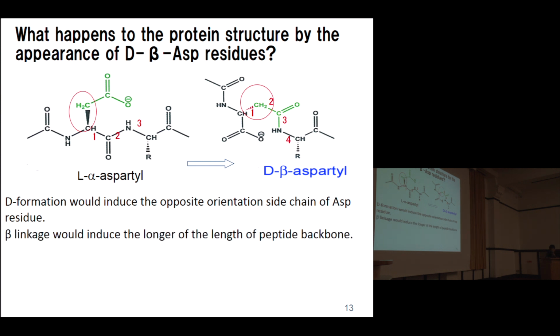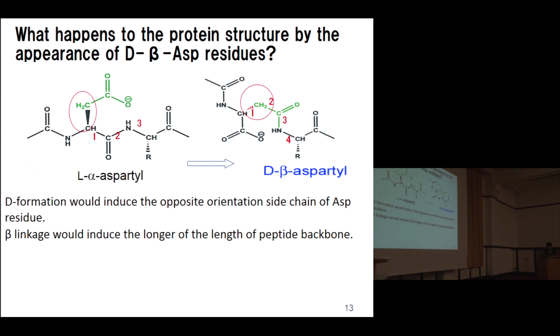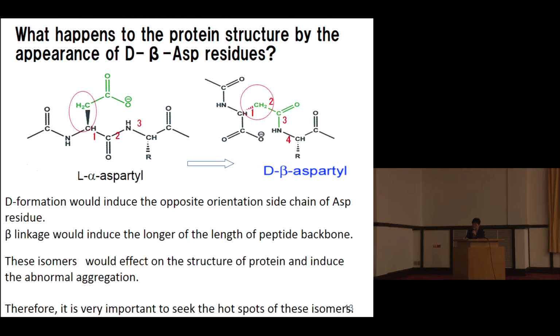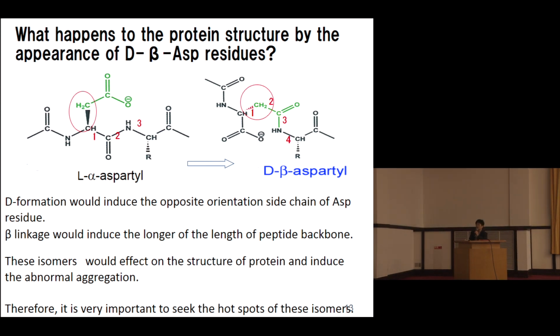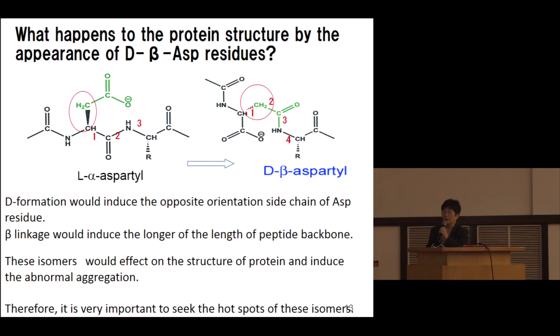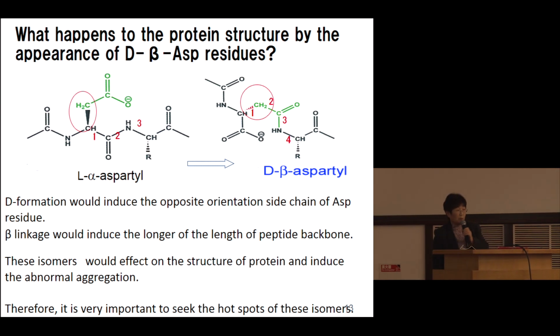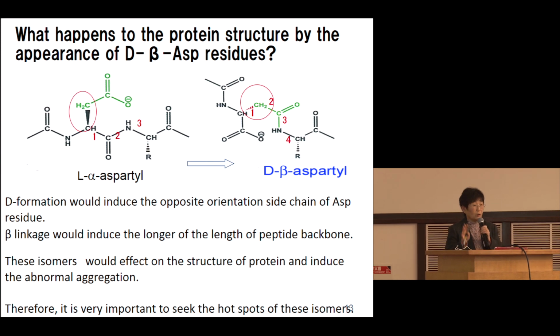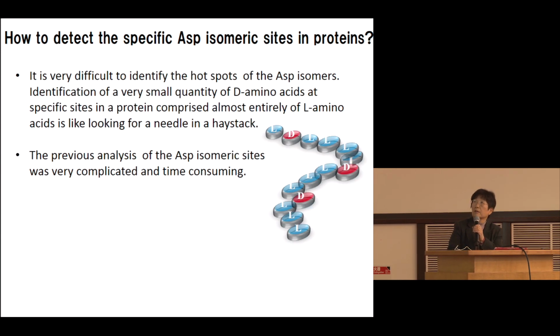So that is a problem. Beta linkage would induce a longer peptide backbone. These isomers affect the structure of protein and induce abnormal aggregation. Therefore, it is very important to seek the hot spots of these isomers in protein.